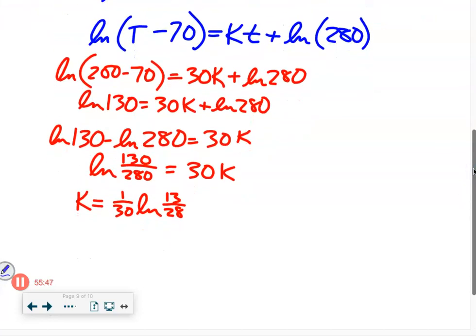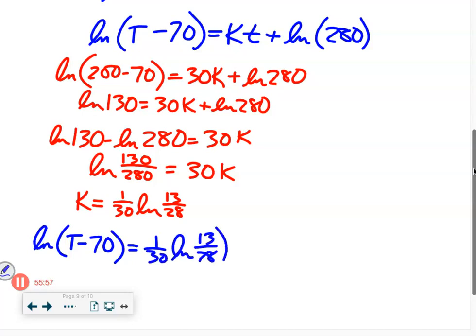So we have ln of t minus 70 equals 1/30 ln of 13/28, that's a 28, times t plus ln of 280. All right, solve for big T.